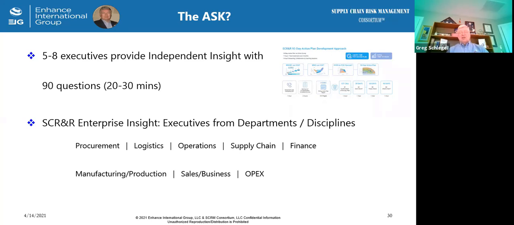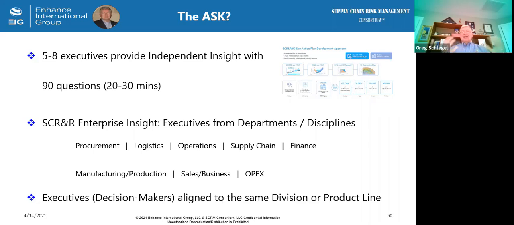And then essentially the last ask is we would like executives answering this survey to be aligned with the same division or product line. We'd like to have individuals and execs in somewhat of a homogeneous arena, as opposed to someone in one division in a conglomerate and someone in another, just for the sake of clarity and classification. So those are more or less the asks.